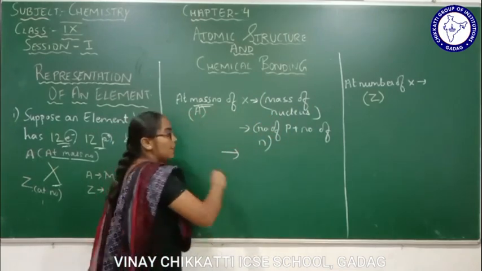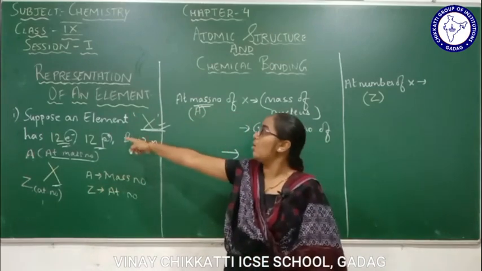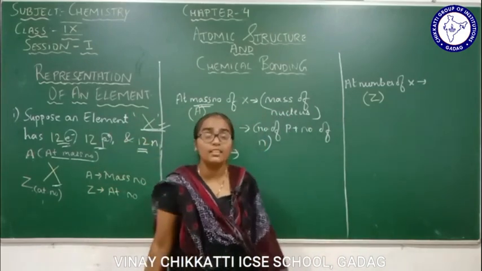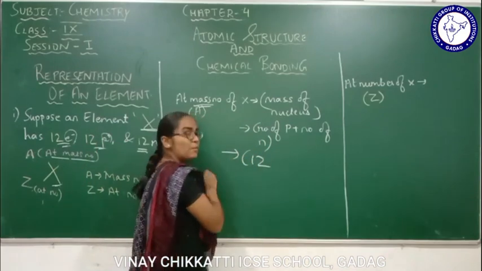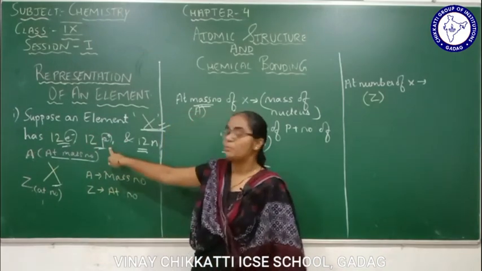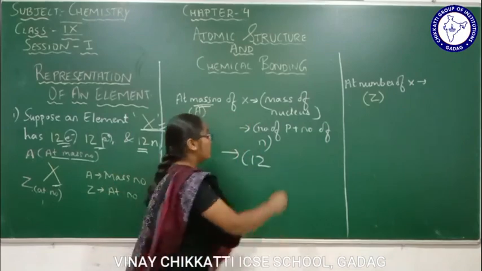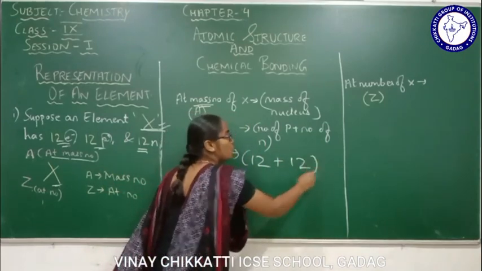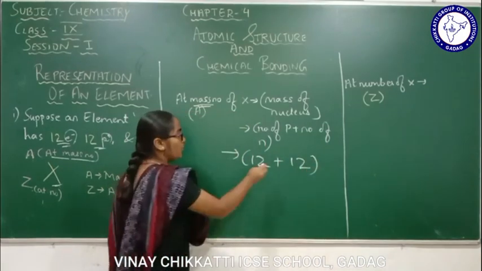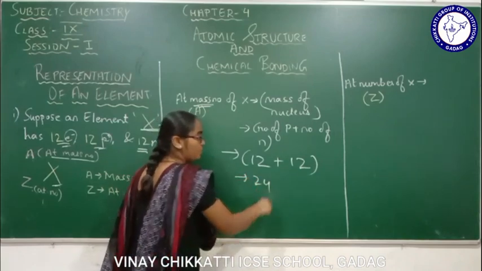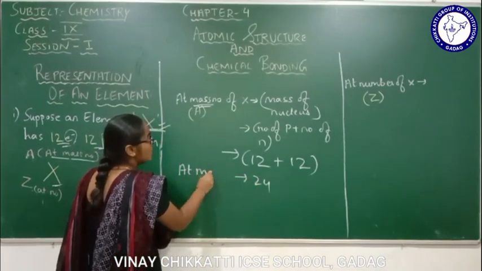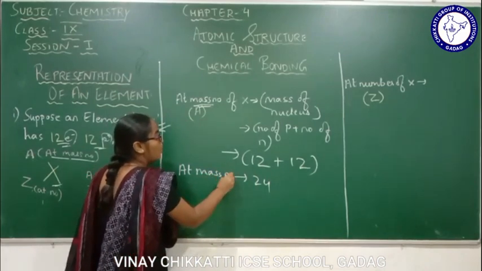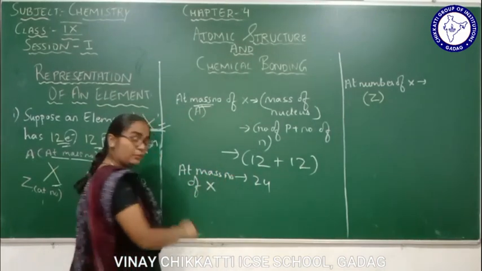Now here in element X, how many protons and how many electrons are there? In element X the number of protons is 12, correct? The number of protons is 12 and the number of neutrons is also 12, right? So 12 plus 12 is 24. So the atomic mass number of X is 24.